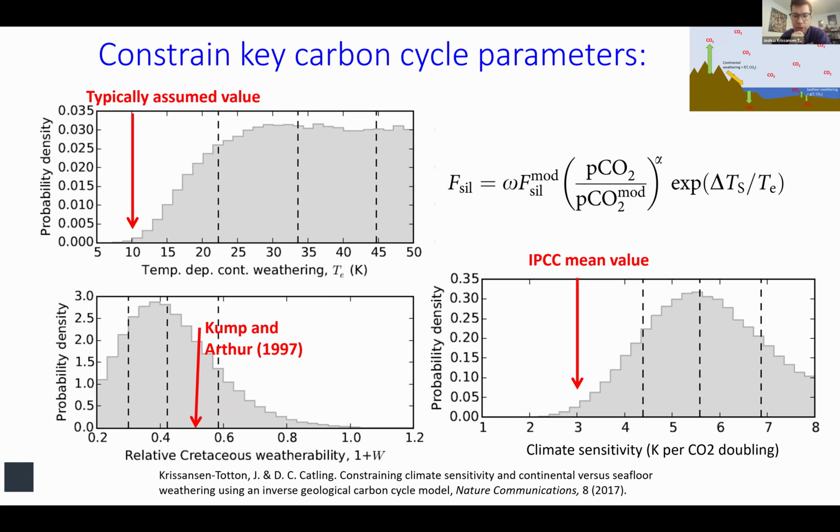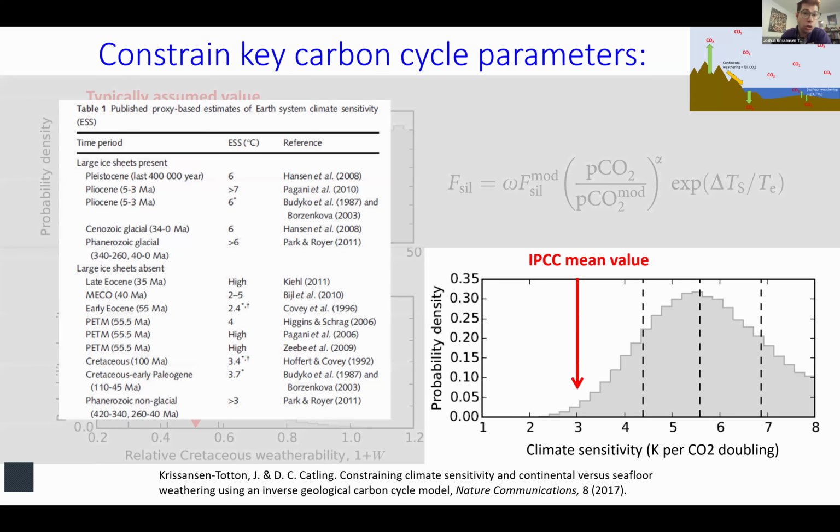These gray distributions are the constraints that you get out on various carbon cycle parameters based on that fit. We find that the long-term climate sensitivity, the warming you get in response to a doubling of CO2, is quite large on these long geologic timescales. And this is consistent with a lot of other paleoclimate work.